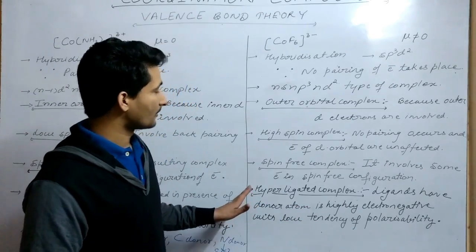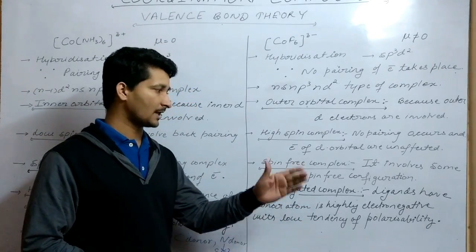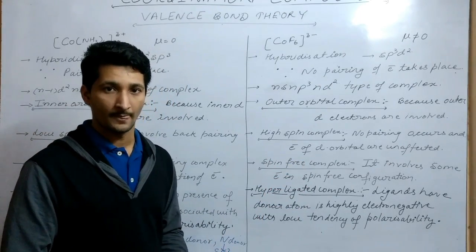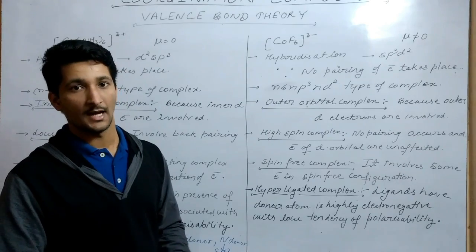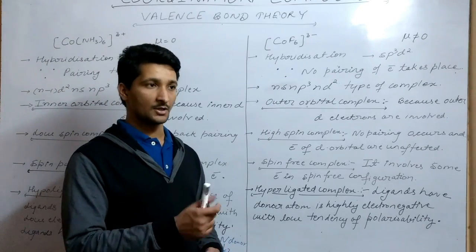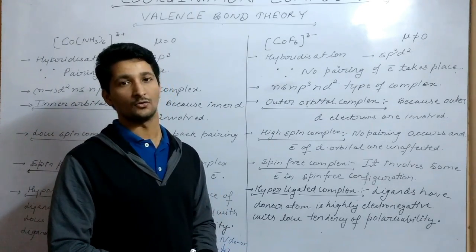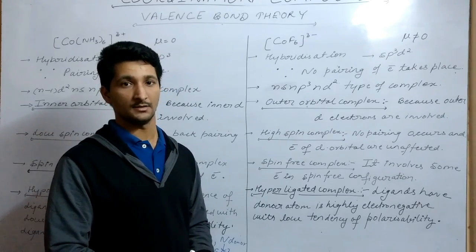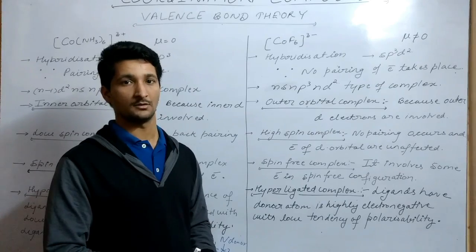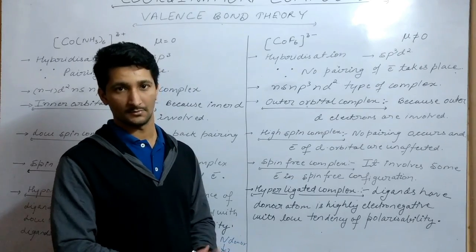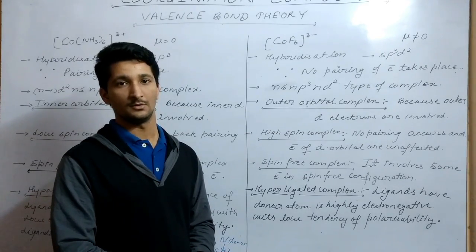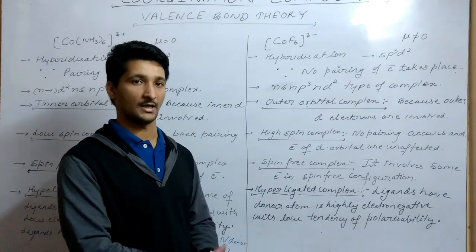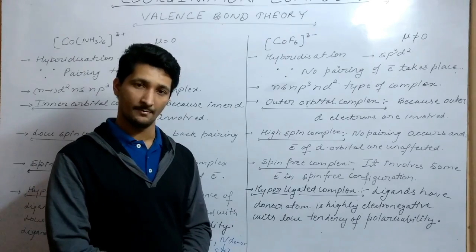And this type of complex is also called hyperligated complex, and it is formed by the ligands which have high electronegativity and low polarizability, because these ligands do not donate their electrons easily, and thus they are not responsible for pairing up. They are not able to apply the repulsion which will cause pairing of the electrons present in the d orbital of the metal.